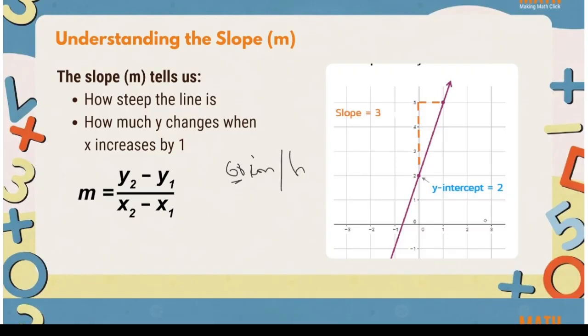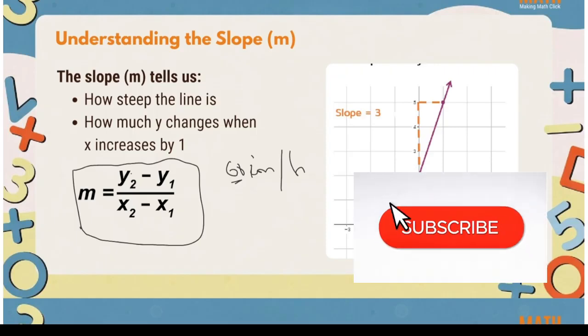In the same way, slope tells us how fast y is changing compared to x. The formula for slope is change in y over change in x. You need this, so take note of this.